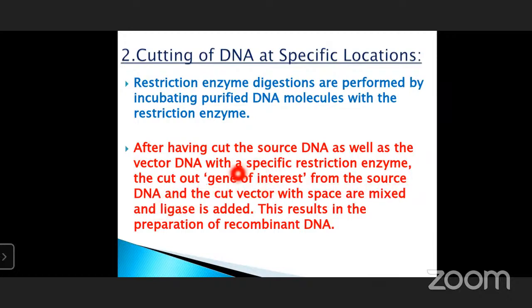Gene of interest is nothing but the desirable gene. The cut source DNA and the cut vector are mixed, and ligase enzyme is added to join both. This results in the formation of rDNA, or recombinant DNA.